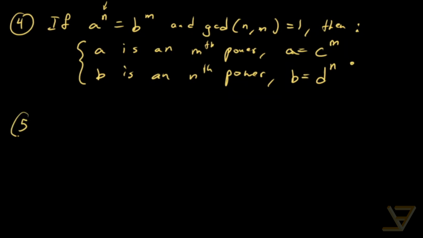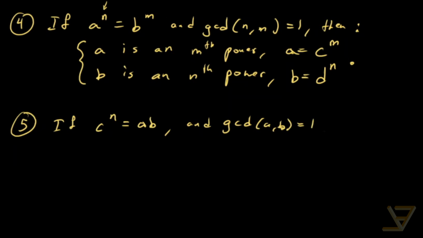The fifth power divisibility lemma says that if c to the n is equal to a times b, and GCD of a and b is equal to 1, then a and b are each individually nth powers.